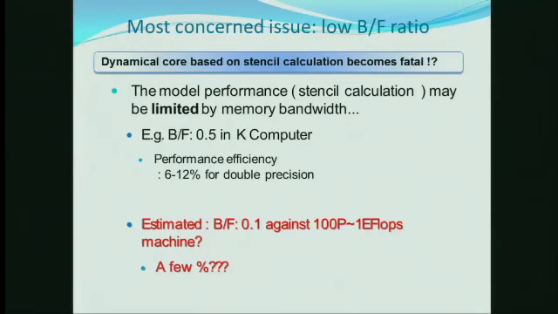If we estimate future HPC, something like 100 petaflops or 1 exaflops, the BF ratio gets lower and lower, maybe less than 0.1. At that time, we can get just a few percent of the total performance. So this is a very crucial problem.